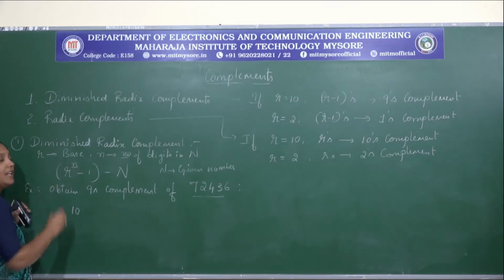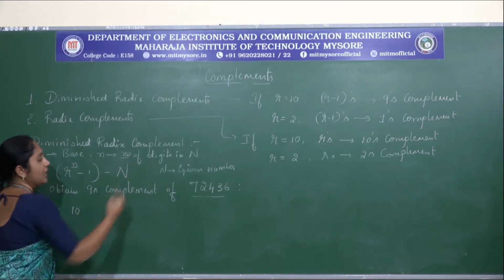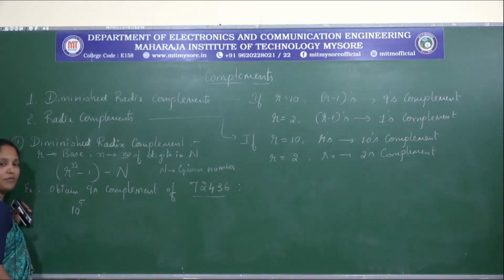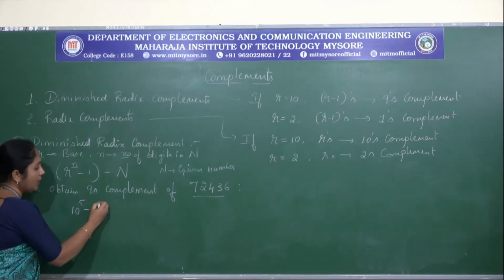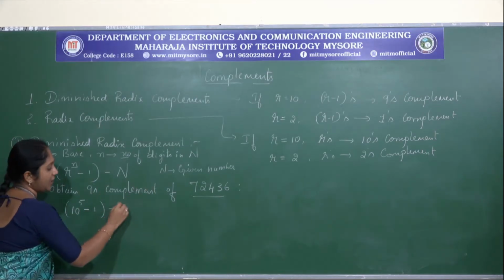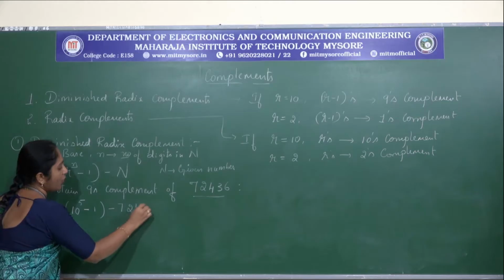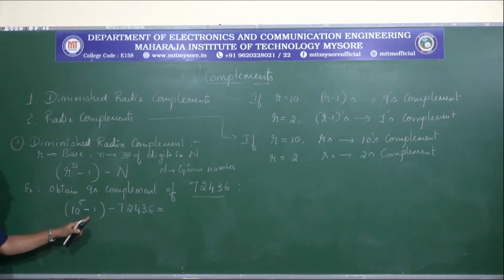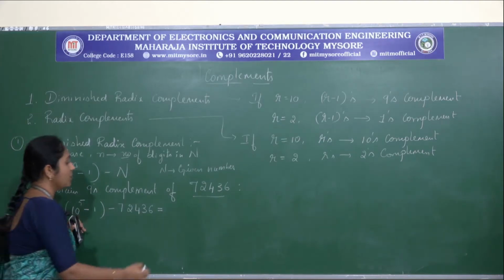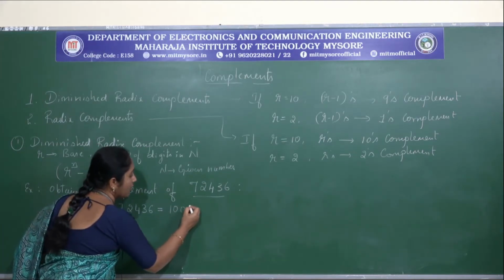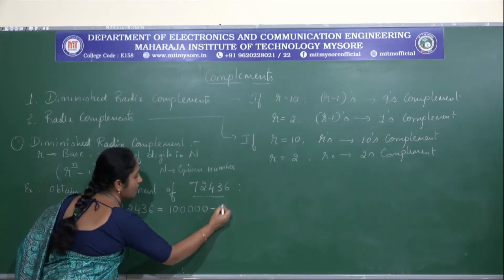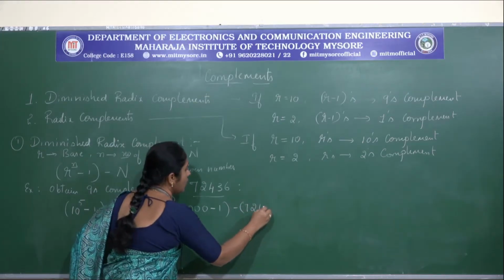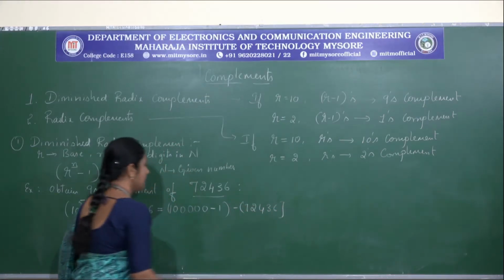Small n is the number of digits in the given number. How many digits are there? 5 digits. So it is 10 power 5 minus 1, minus the number 72436. What is 10 power 5 minus 1? We need to write 10 power 5 first, subtract 1, then later subtract 72436.